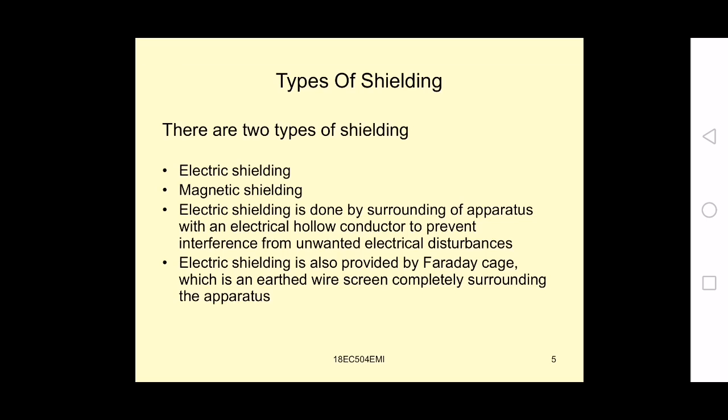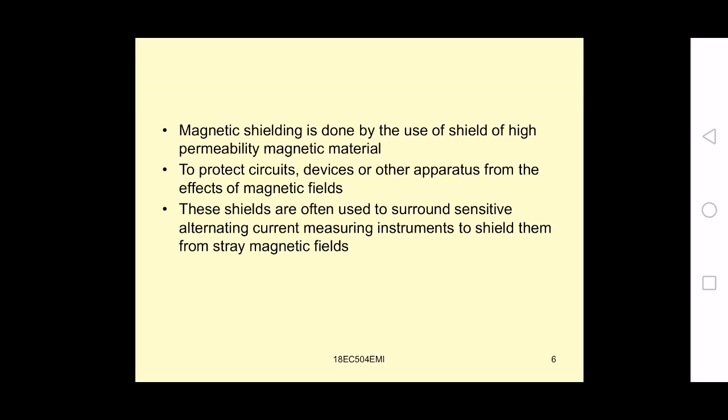The second one is magnetic shielding, and it is done by the use of a shield of high permeability magnetic material.